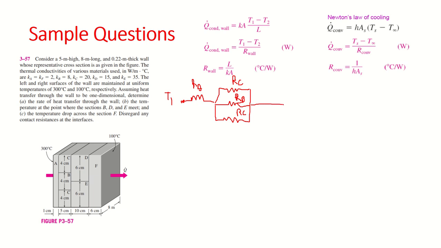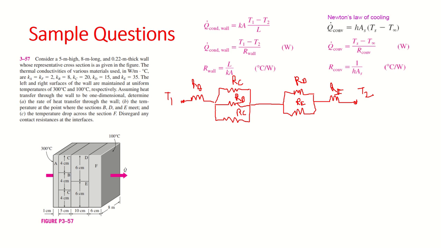And then again we have a parallel connection, RD and RE, and then it goes into RF, which is connected to T2. So this is step one we will do when we have such questions: initially we develop the resistance network.